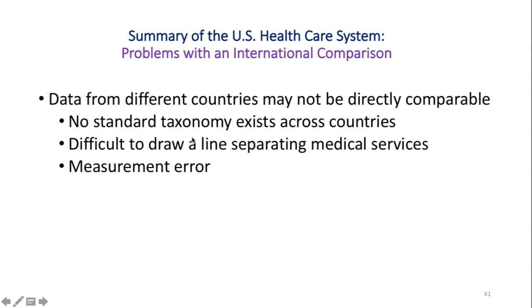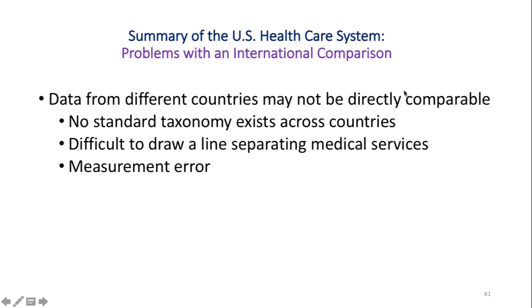There's no standard taxonomy to compare across countries, and it's difficult to draw a line separating the medical services. That's another problem, and there is measurement error as well. So these are the limitations of studies in international comparisons.